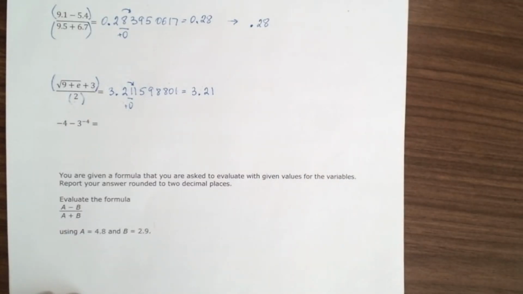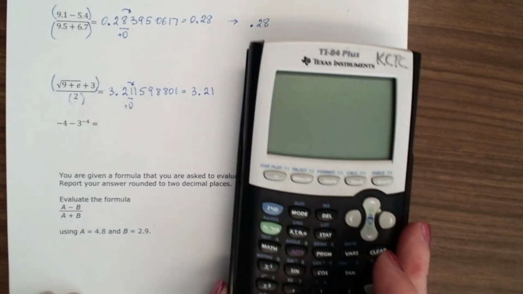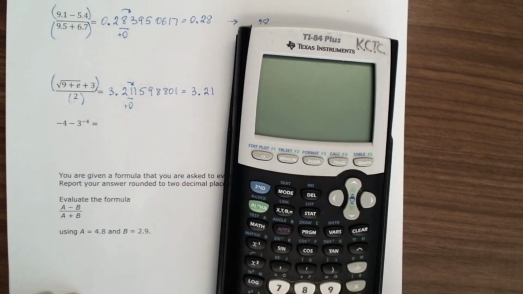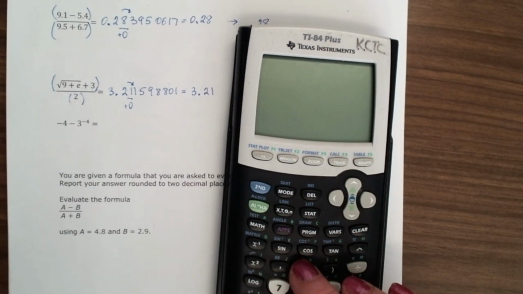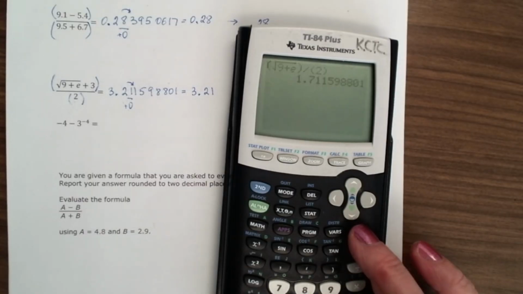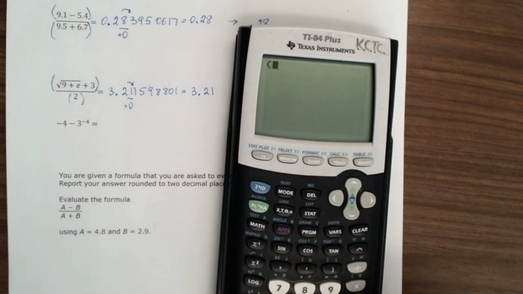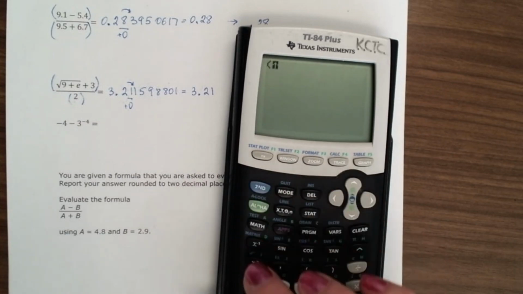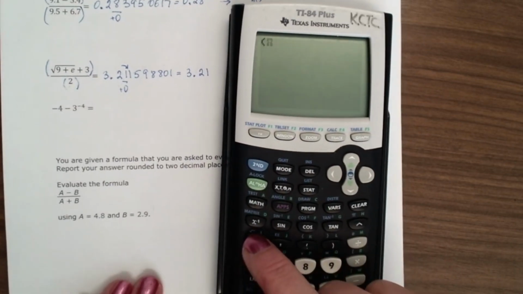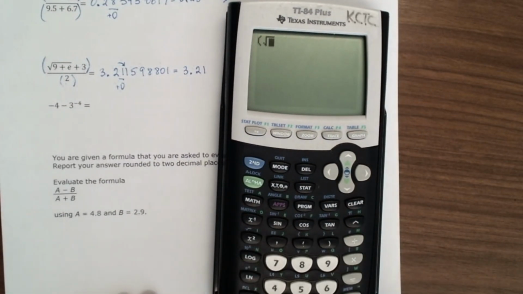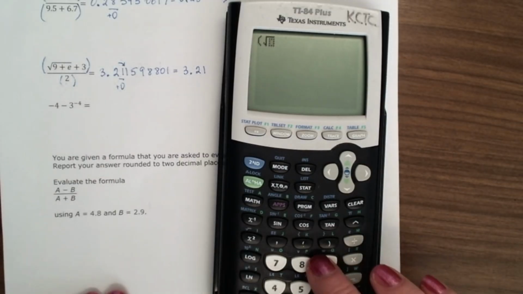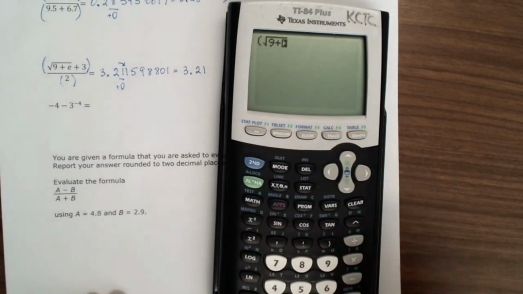Okay, let's do exactly the same on TI-84 calculator. Again, we will start with opening parentheses. Then square root, second. Square root is right here. 9 plus, second, and e is right here.